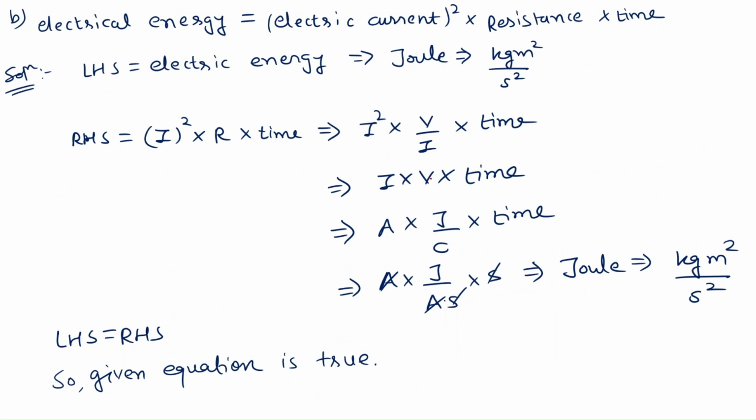So substitute joule per coulomb, ampere, and time. Again, coulomb is ampere into second, and we cancel out ampere and seconds, and we are left with only joule, which is the same as the left hand side. Hence, we can say this is a true equation.